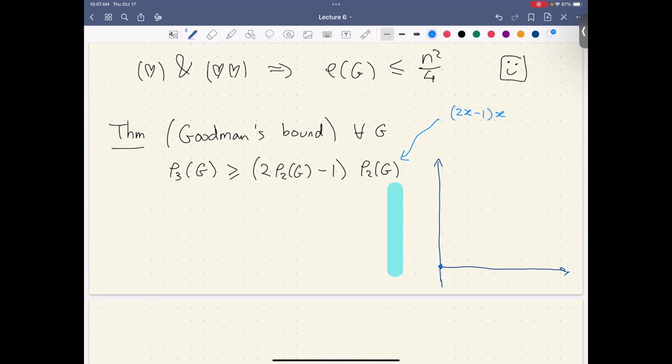At 0 it equals 0, at 1/2 it equals 0. When x equals 1, this equals 1. So it looks something like this. The minimum point is here.